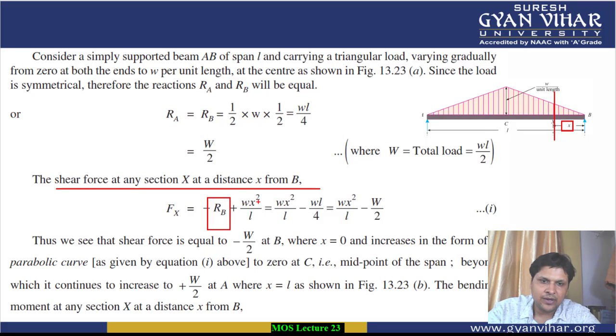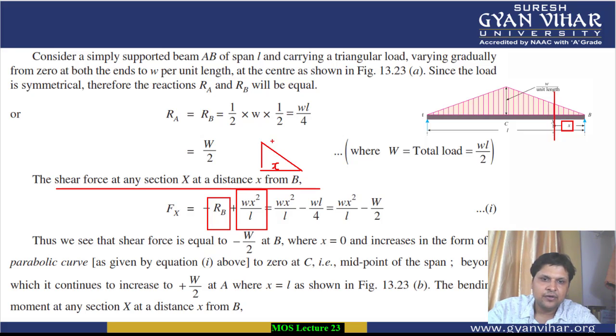Why? Because this Wx square by L has come from this uniformly varying load section, in which this particular length is a small x, and we have to calculate this height. So W per unit length is the load. How will we calculate it?